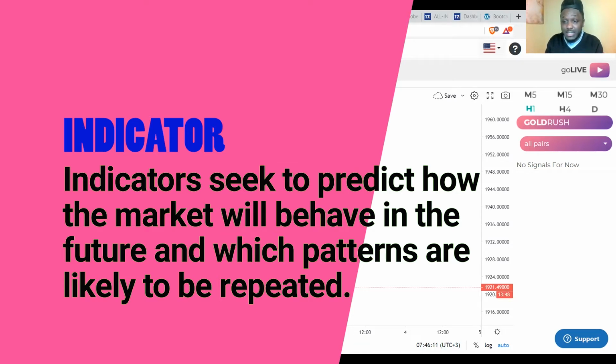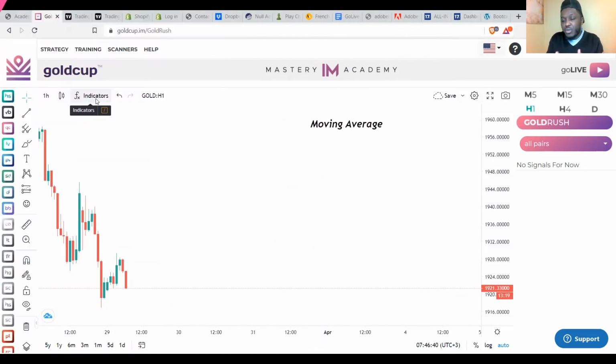Someone comes up with an algorithm that follows price action and creates an indicator, a sign showing you how the market has been moving, and there's potential for you to use that to predict where the market might go. The other thing about indicators is that they usually show us past information. They are created based on past information from the market.